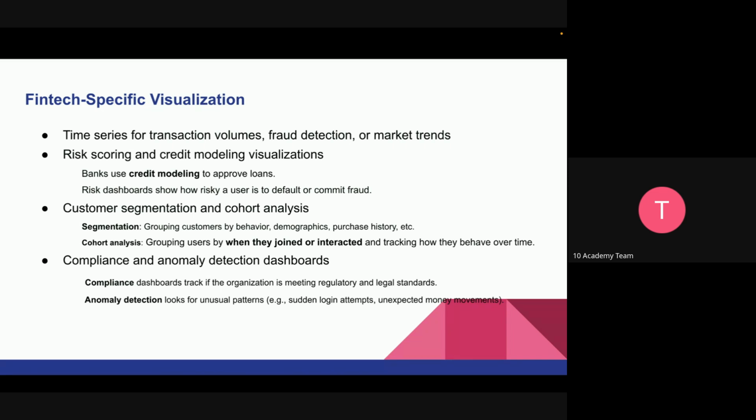A compliance dashboard shows whether an organization meets legal standards or not. So depending on the use case and the company you work for, you can look at different perspectives of the data to come up with some conclusion, and show that through visualization and present it to the concerned person, either a stakeholder or boss, and so on.